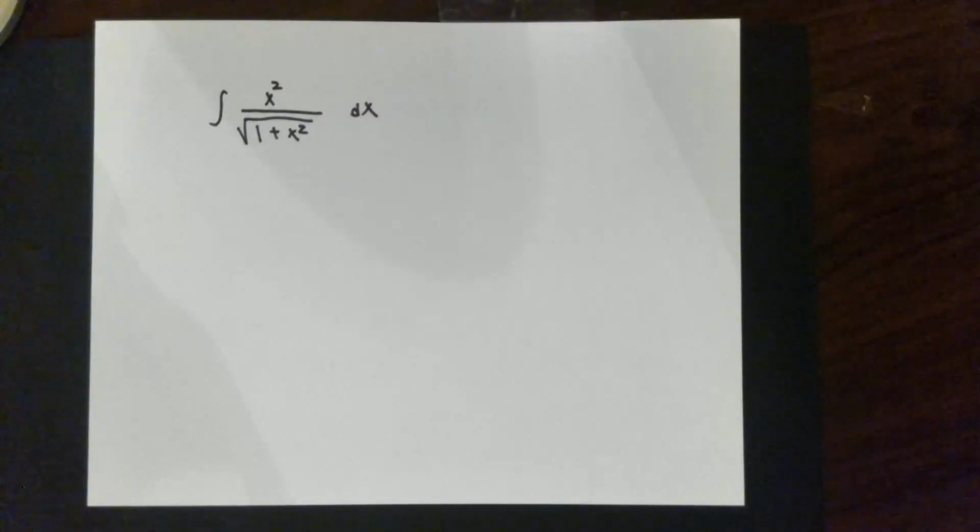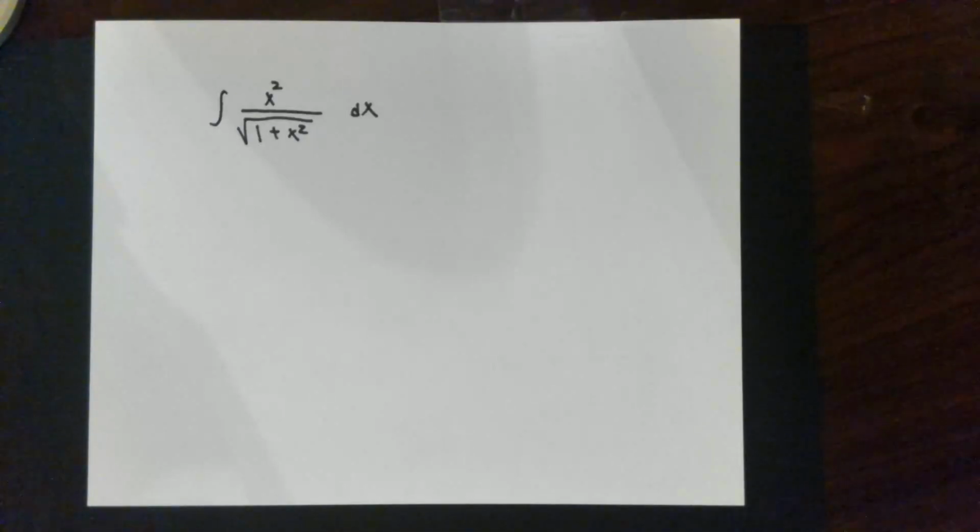Another thought is, I could think of the thing that I'm integrating as being x multiplied by x over square root of 1 plus x squared, and then carry out integration by parts. That would work, but it's probably more trouble than it's worth. I have a square root of a positive number plus the square of something, which is related to x in a simple way, being equal to x and all.